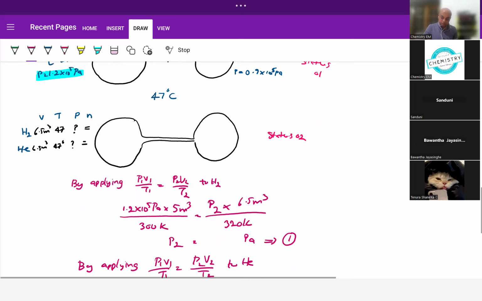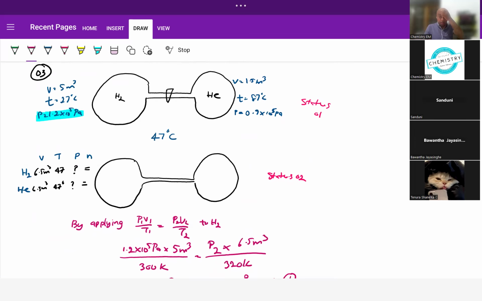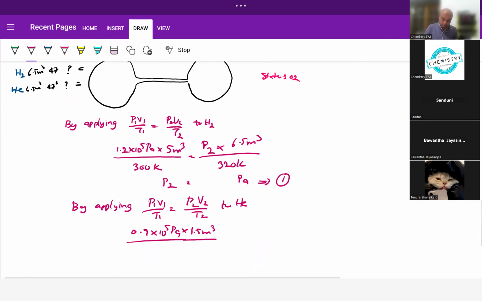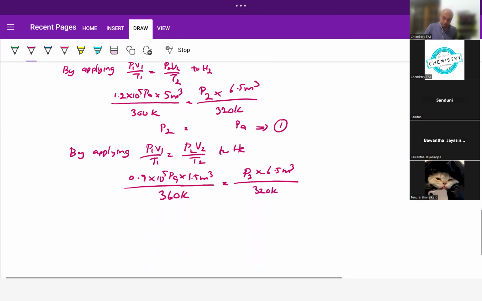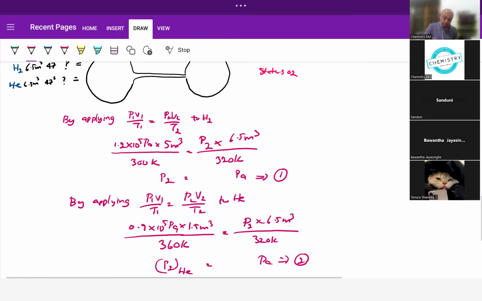Divided by temperature, that is 87 means 360 Kelvin, equals P2 that we are going to find. V2 is 6.5 cubic meters divided by T2, that is also 320 Kelvin. So this is P2 helium. You will have some answer, right? So initially this one is P2 hydrogen.